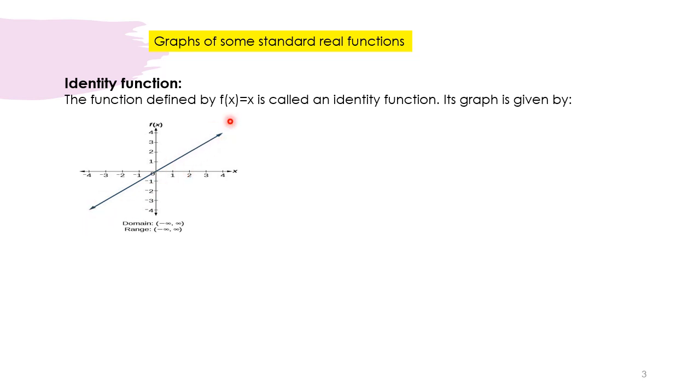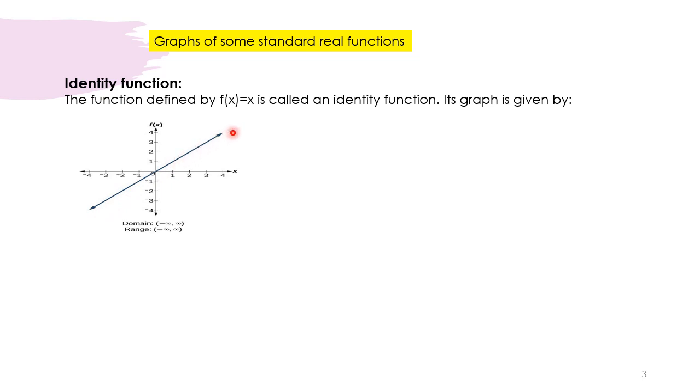Whenever you just look at the graph, you have lots of observations. First observation, as I said, it is a straight line which passes through the origin, and the slope is 1. So the inclination of the line is 45 degrees with the x-axis.